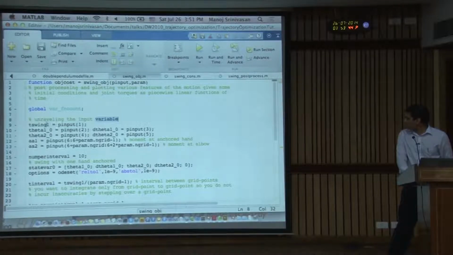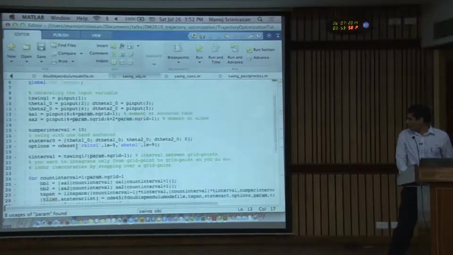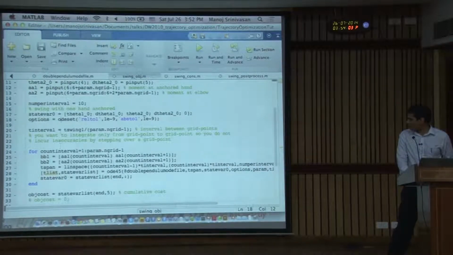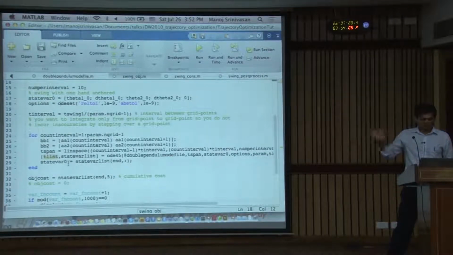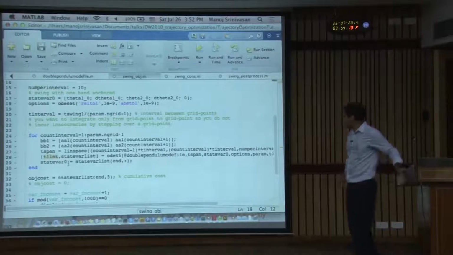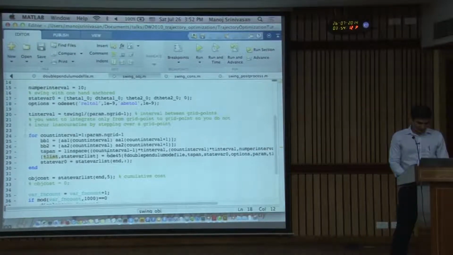And this thing, you're just unraveling P input, T swing, the initial conditions, and then what I call AA1 is the set of all torques. T1, the torque number 1, this is torque number 2. You assemble the initial conditions here. You set up options for ODE 45, and then you loop through the number of pieces in the piecewise linear function, and then evaluate.